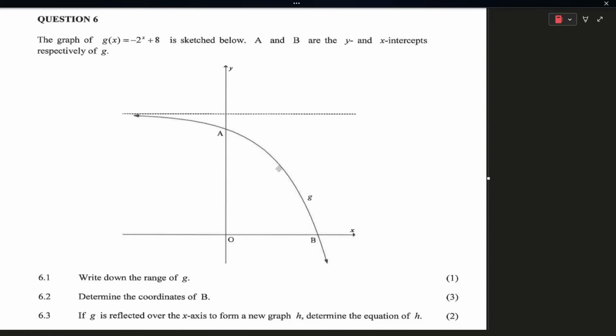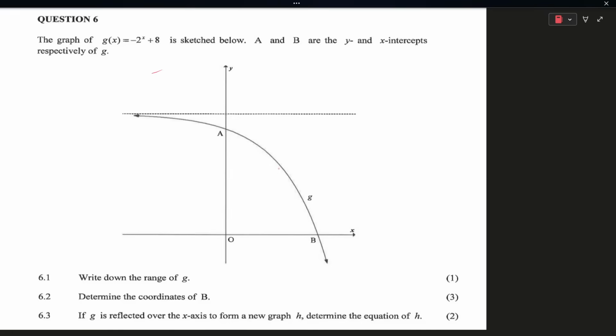By our given information, what do we know? We know the equation, and we're told that a and b are the y and x intercepts, respectively, of g. Write down the range of g.